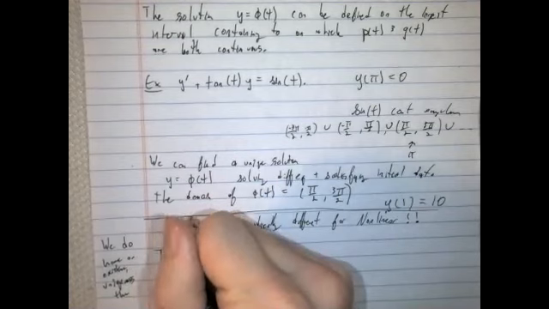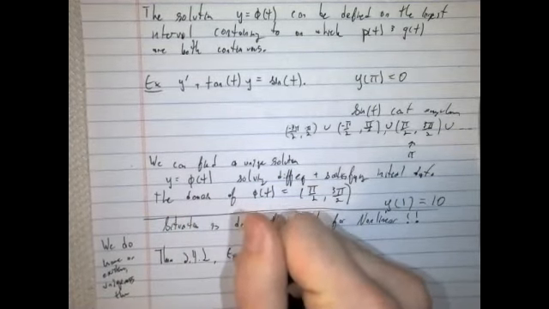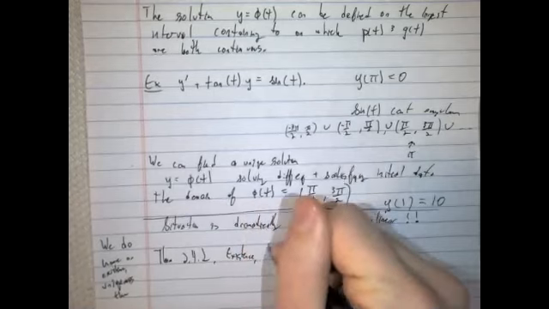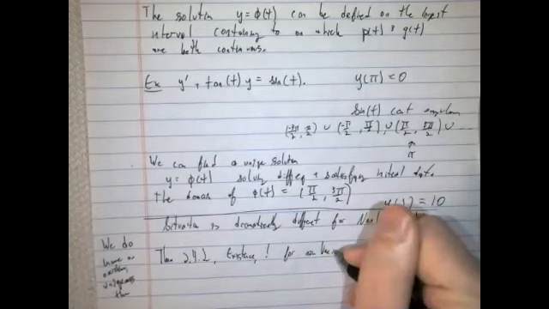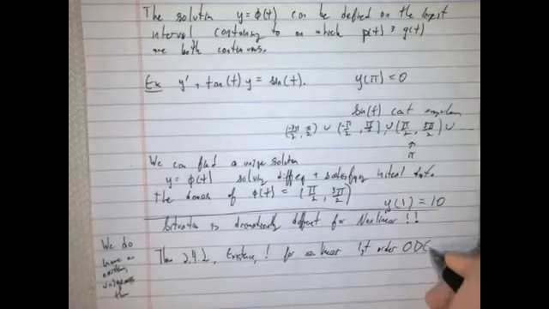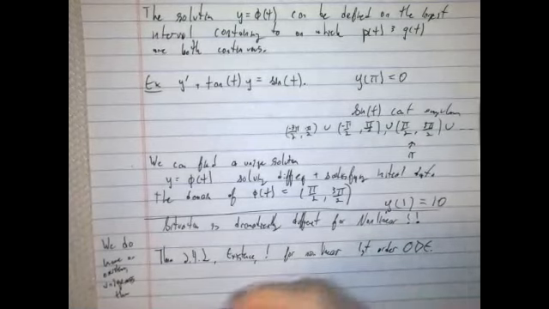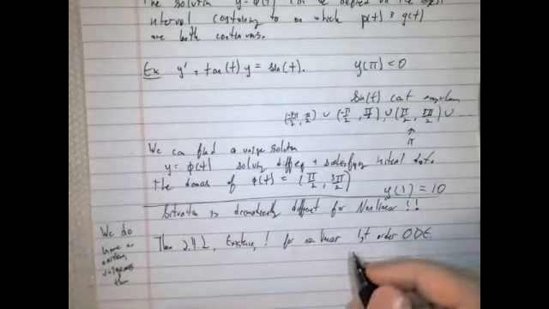Theorem 2.4.2, existence and uniqueness for nonlinear first order ODE. So remember the general form of a nonlinear first order ODE. Someone tell me, what is the general form?